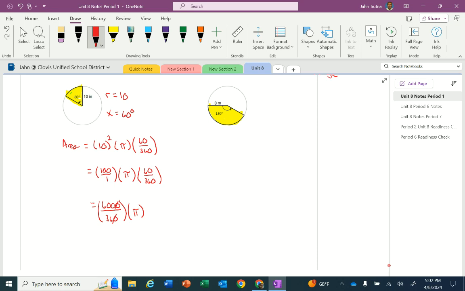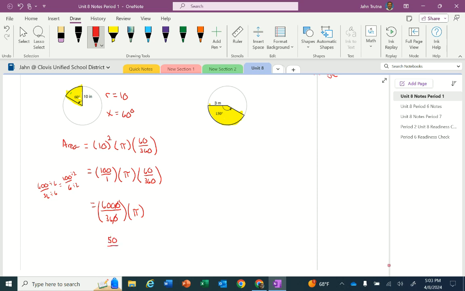Then I could divide, so if I'm reducing, I'll do a little bit of work over here. 600 over 36. I could divide both of these numbers by 6. That would give me 100 over 6. And I'm not done, because now I could divide both numbers by 2. And that would give me 50 over 3.